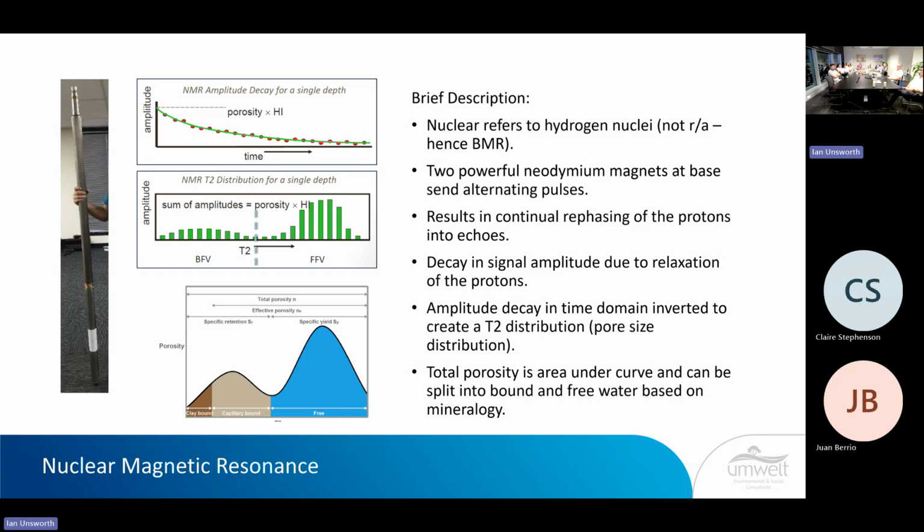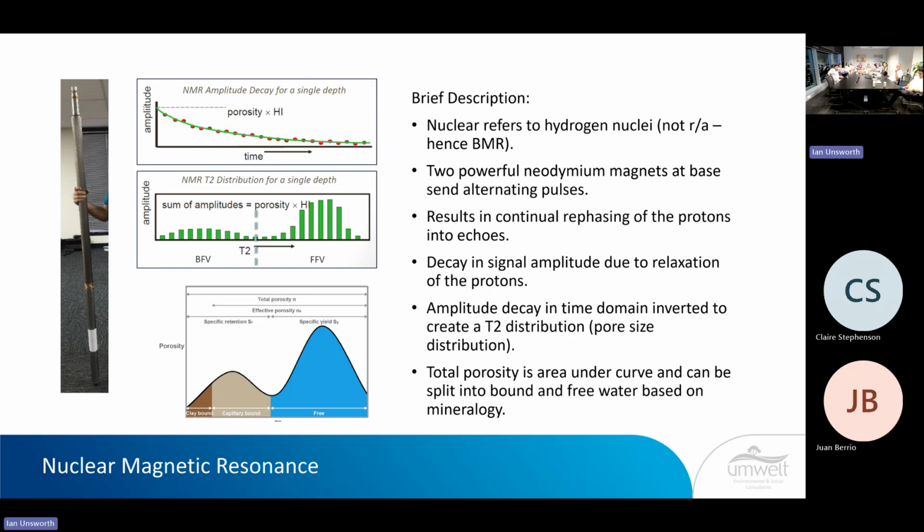It's just two powerful neodymium magnets at the base, which send alternating pulses, which cause a rephasing of the protons. And the tool measures the decay when they're relaxed, which is the curve on the top. That's the decay curve.